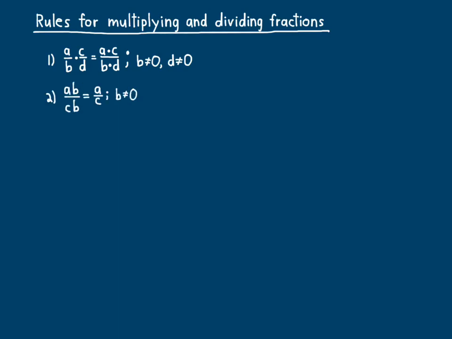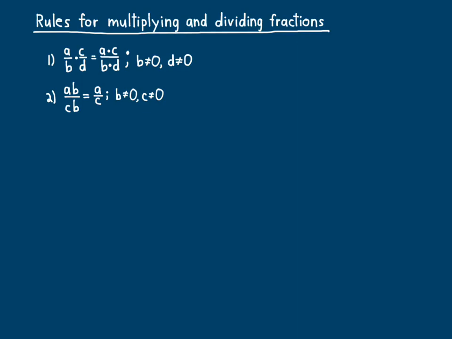ab over cb equals a over c. The b's reduce. That's from, remember, lecture 0. The b's reduce because b over b is 1, and a over c times 1 is a over c. But notice this is kind of a strange thing. I've got a over c, and I've got c not equal to 0, but I've also got b not equal to 0. Why?